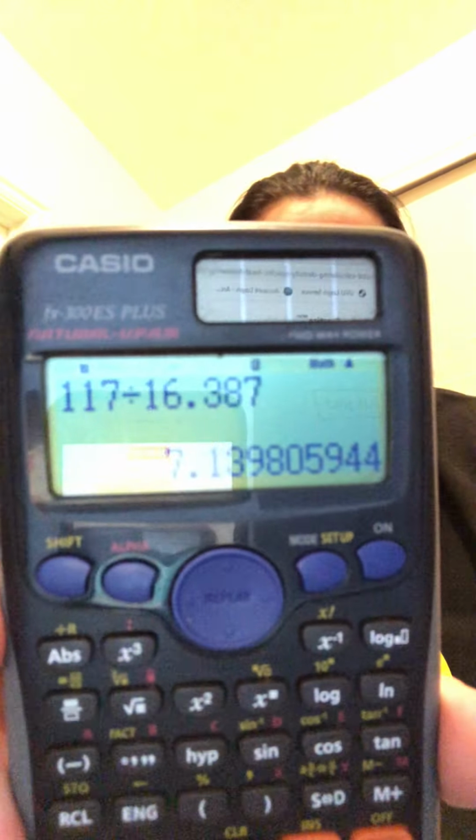And then we can use that density equation, rho equals mass over volume. So we'll divide 117 grams by 16.387. So that's about 7.14-ish grams per centimeter cubed. So that's part of the problem that we need.